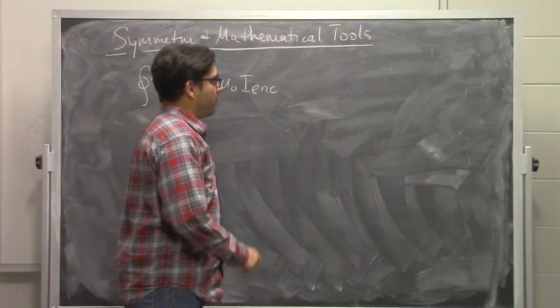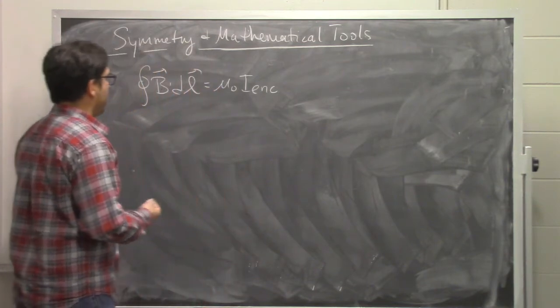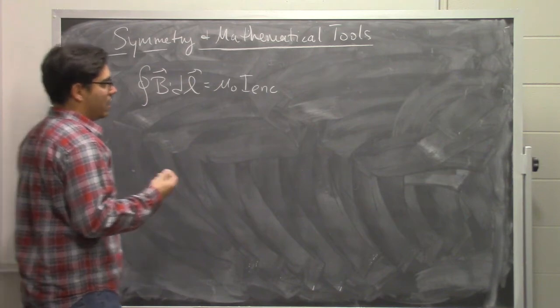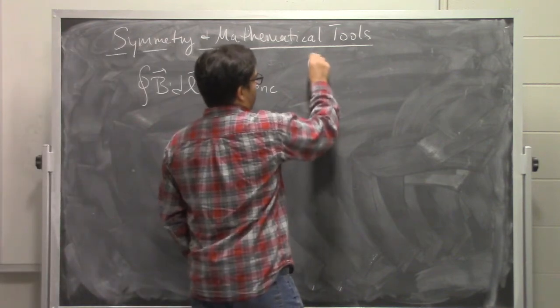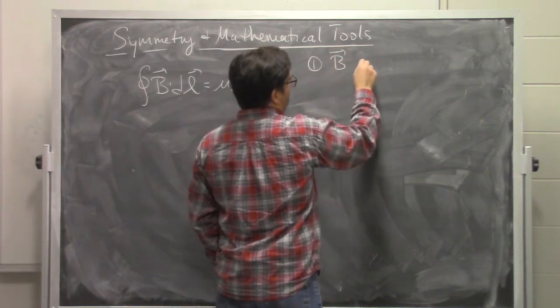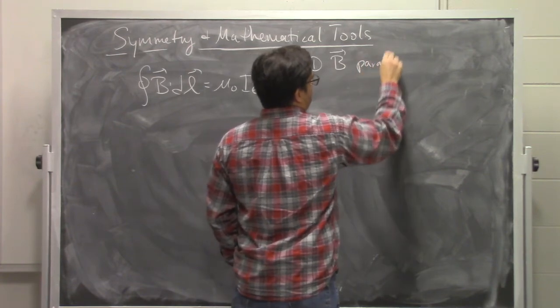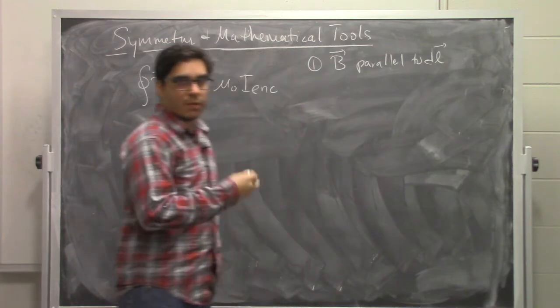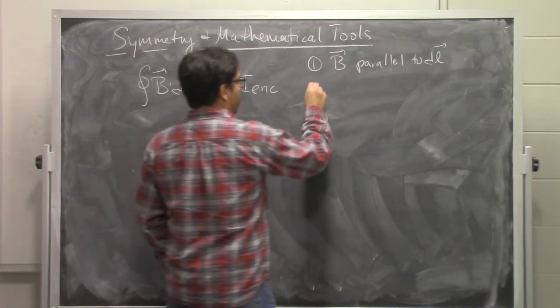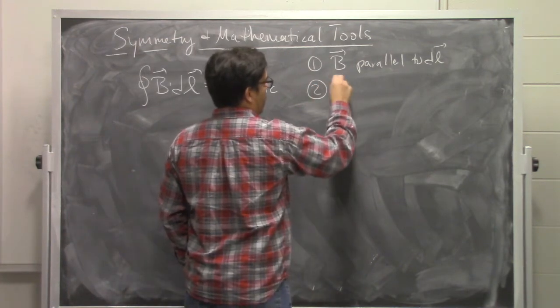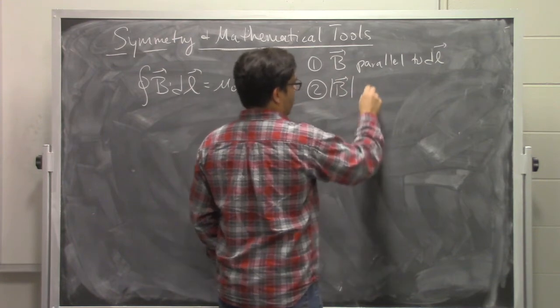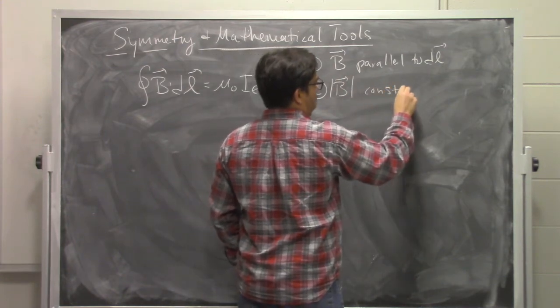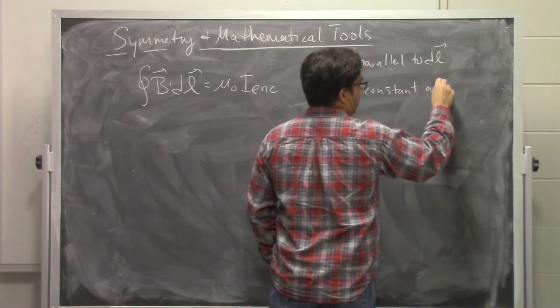If we were to look at it in the exact same way, what we need everywhere is first that B is parallel to dl everywhere on the path that we're choosing. And the other thing that made it really nice was when the magnitude of the magnetic field was constant along the line.